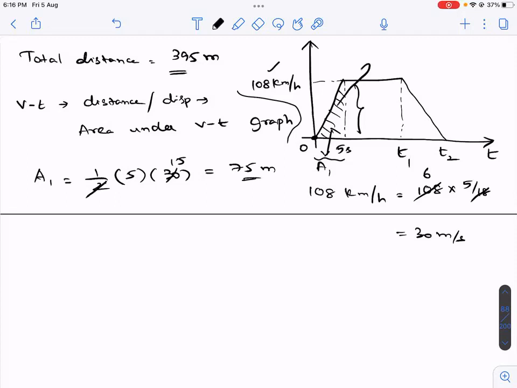So here the object is covering a distance of 75 meters. Right. Now, how to find this area, which I'll call A2? So how do I find A2?